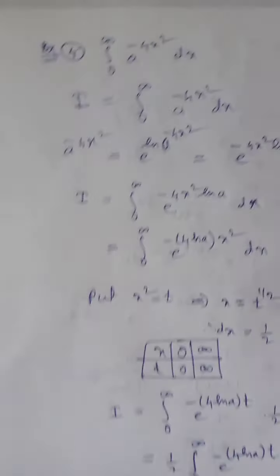So fifth example. Evaluate integration from 0 to infinity x square e to the power minus h square x square into dx, where h is constant.